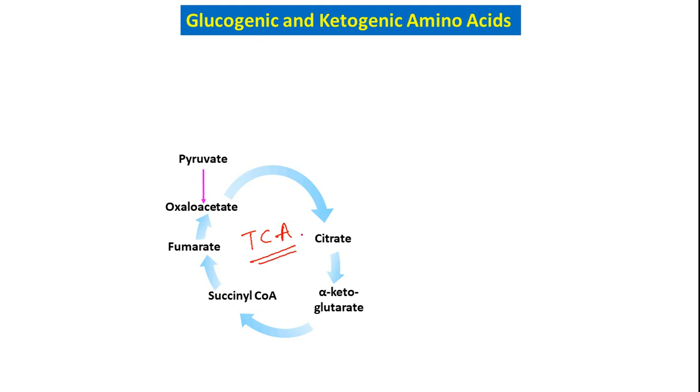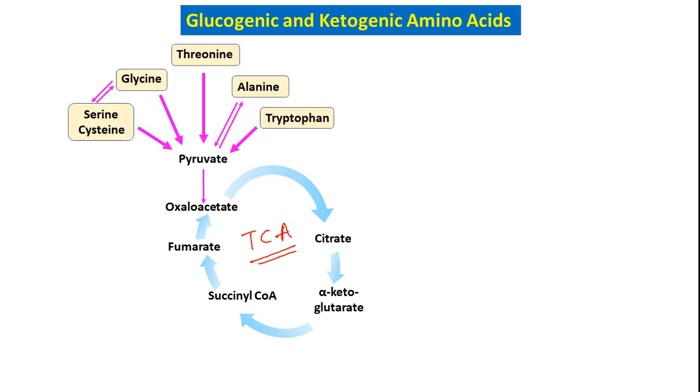Okay, why I am showing you all this: these are the amino acids, starting from here: tryptophan, alanine, threonine, glycine, serine, cysteine. Upon metabolism, deamination and degradation ultimately give us pyruvate. In fact, pyruvate is the direct product obtained from alanine.